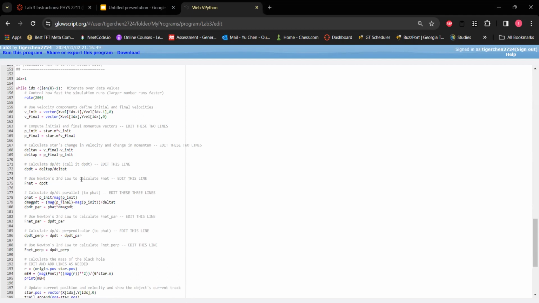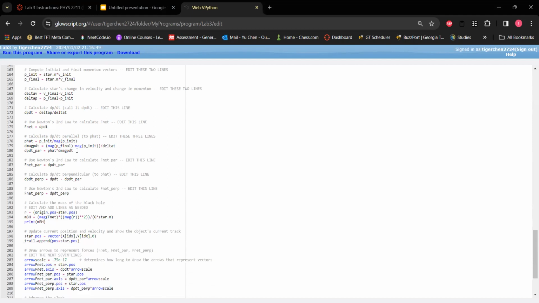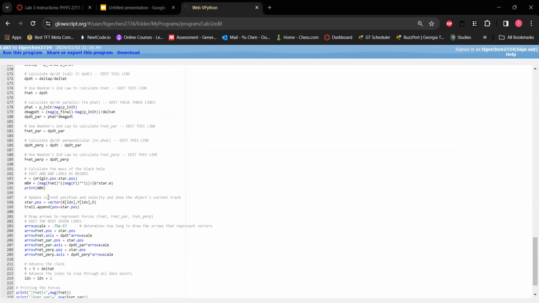And then use Newton's second law to calculate F net, which is just F net equals dp/dt. Then we calculate dp/dt in the parallel direction. And then we calculate F net perpendicular, dp/dt in the perpendicular direction. Same thing.